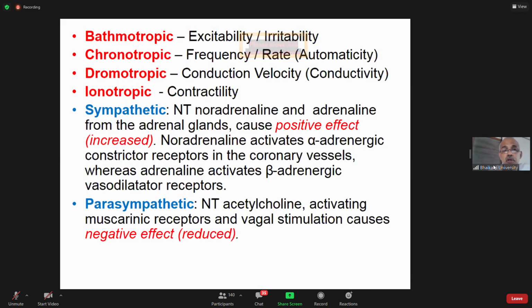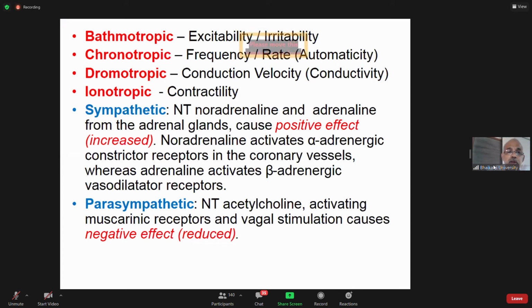A few terms you need to know: bathmotropic, chronotropic, dromotropic, inotropic. Bathmotropic refers to irritability or excitability. Chrono means time. It refers to the frequency at which the impulses are generated. You can have a positive or negative inotropic effect, positive or negative contractility. Dromo refers to conductivity.